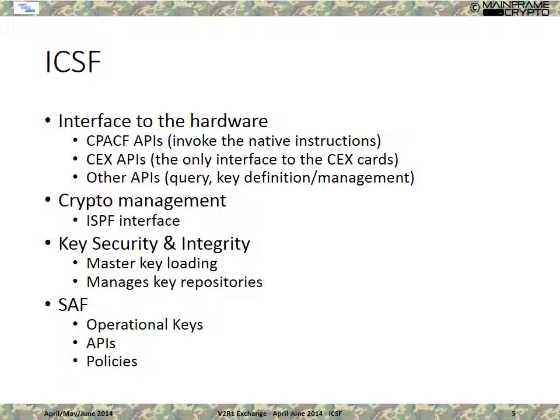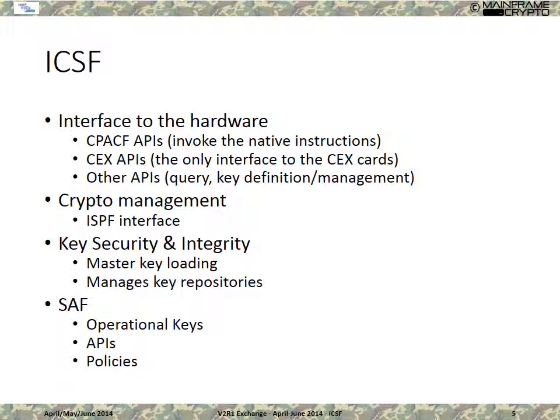Now, if you remember in February when we talked about the CP Assist for Cryptographic Function, or the CPACF hardware, we talked about the fact that it provides some native assembler instructions that you can invoke from your own assembler routines. Those work just like a move character instruction. The KM instruction will take data from storage location 1 and move it to storage location 2.